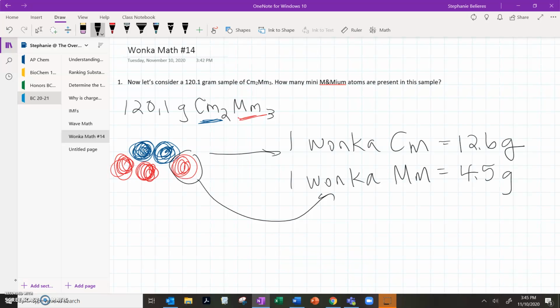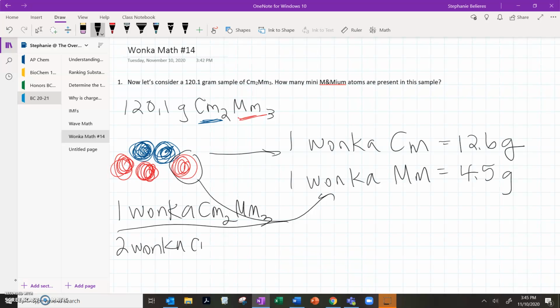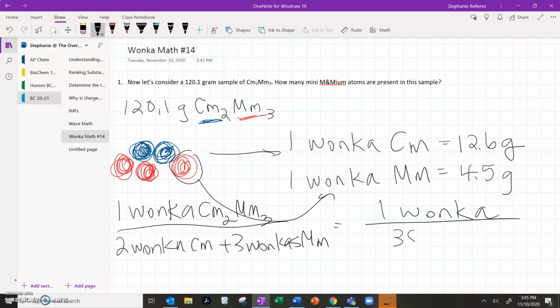In order to figure out the mass of 1 Wonka of CM2MM3, this would be the mass of 2 Wonkas of CM plus 3 Wonkas of mini M&M, right? So 1 Wonka here is equal to 38.7 grams.